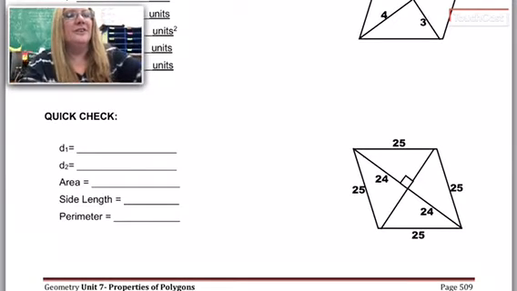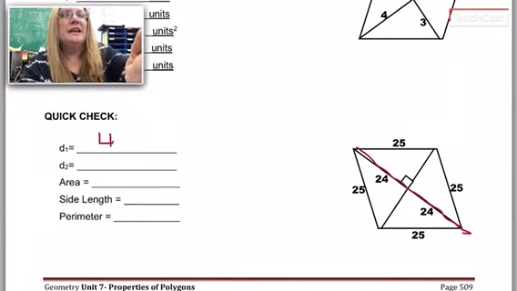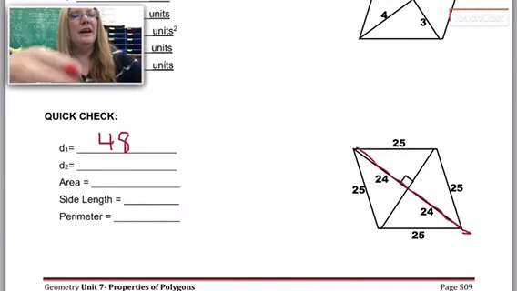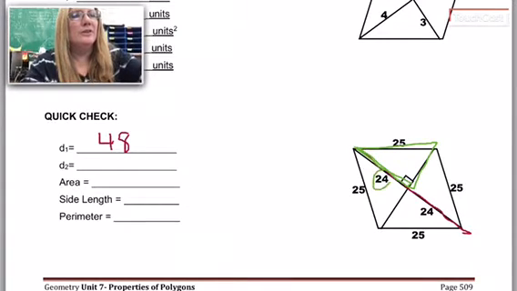Hopefully you did. All right, so we have one diagonal is 24 plus 24 is 48. The other diagonal is not given to us. However, we have our right triangle, okay? And so we can do a squared plus b squared is equal to c squared.